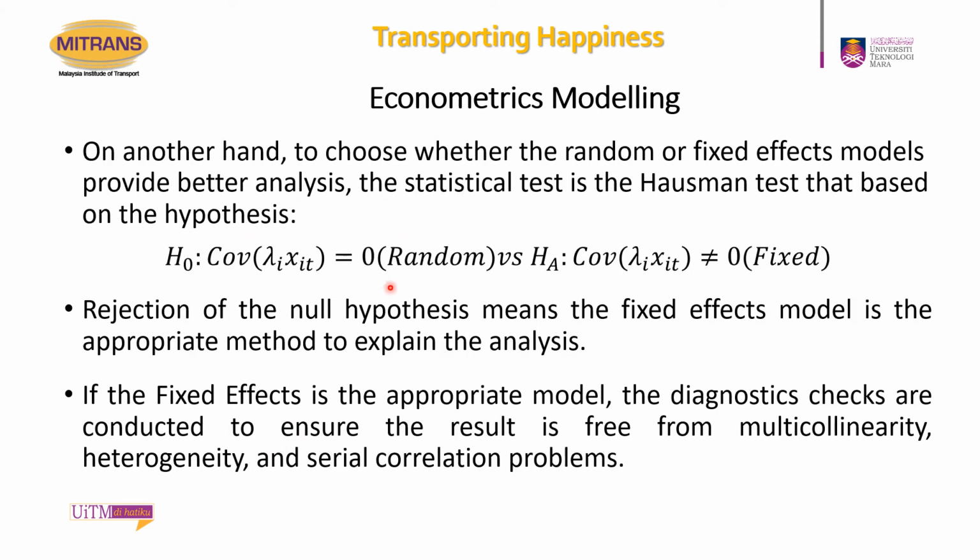On the other hand, to choose whether the random or fixed effect model provides better analysis, we use the Hausman test based on the hypothesis shown here. Again, if we reject the null hypothesis, it means that the fixed effect model is the appropriate method.